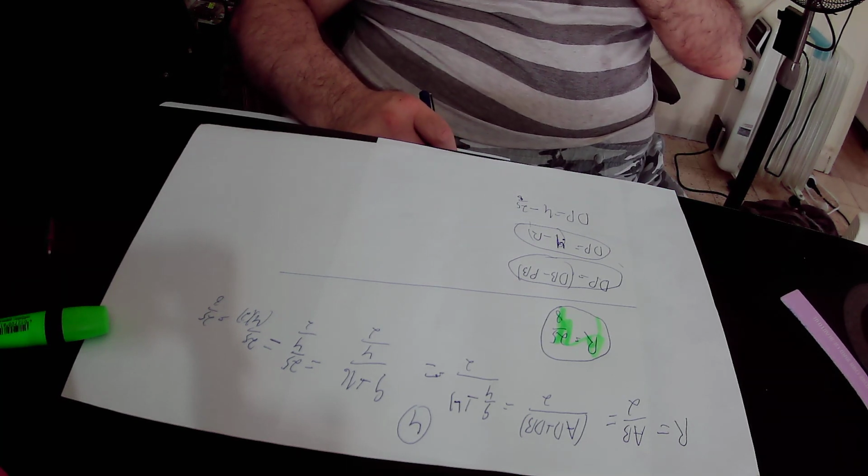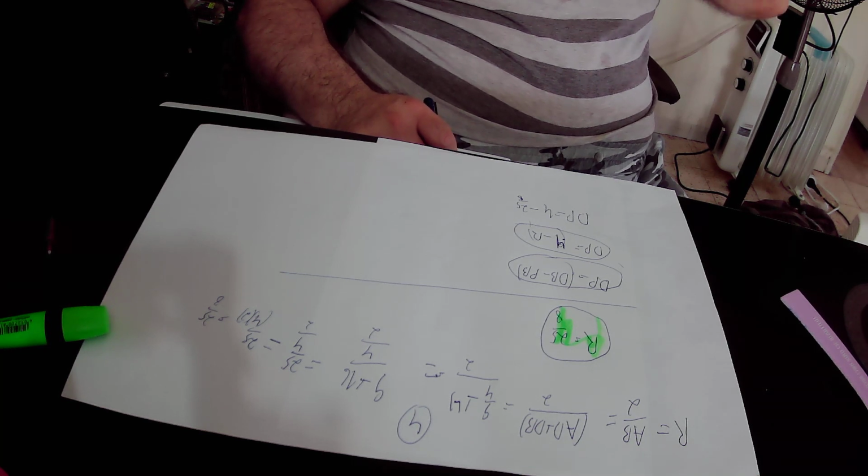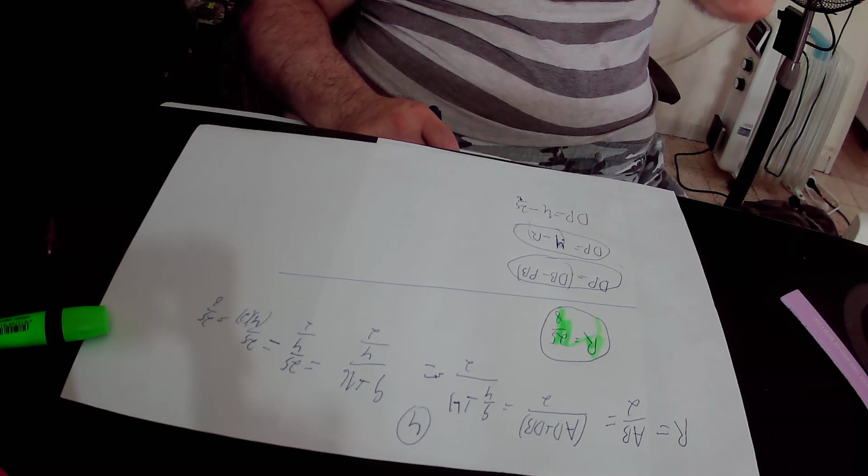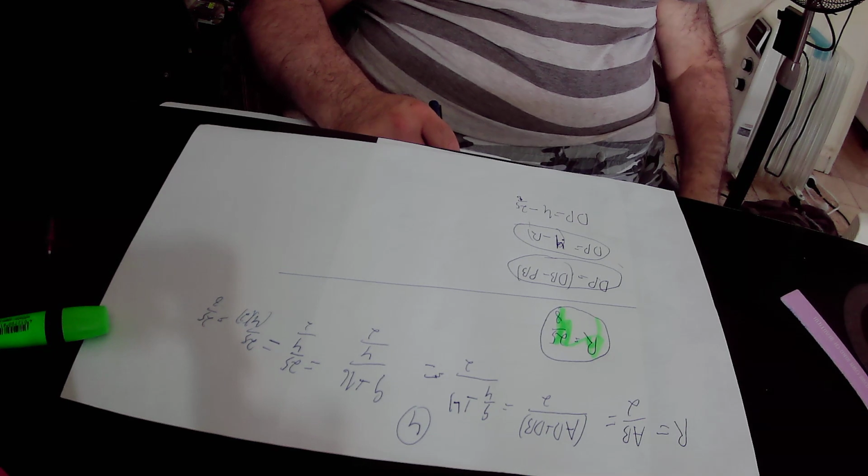So here we will multiply 4 by 8 and then we divide it by 8 in order to have a common denominator with 25 over 8.